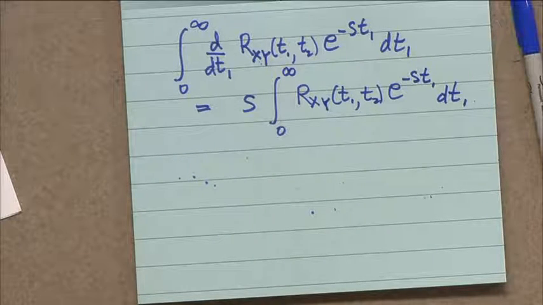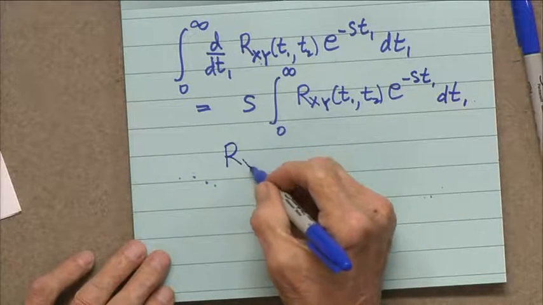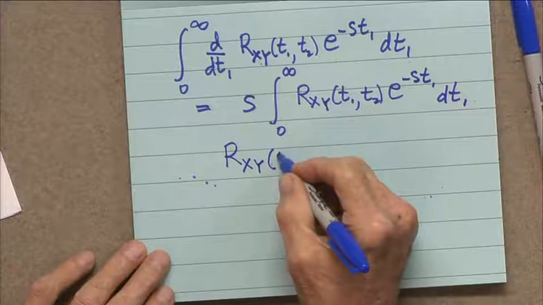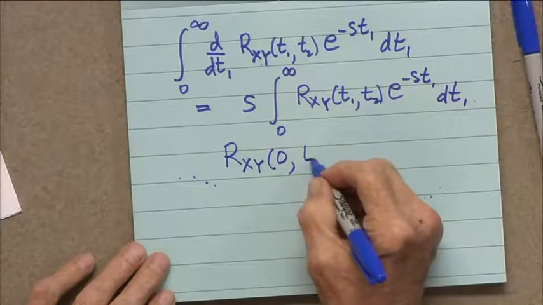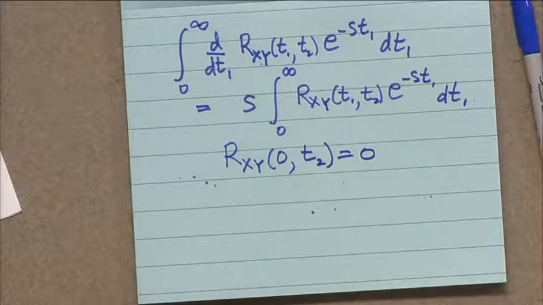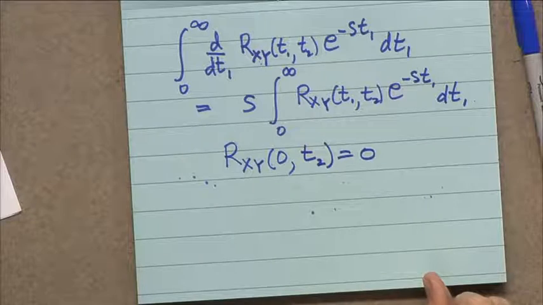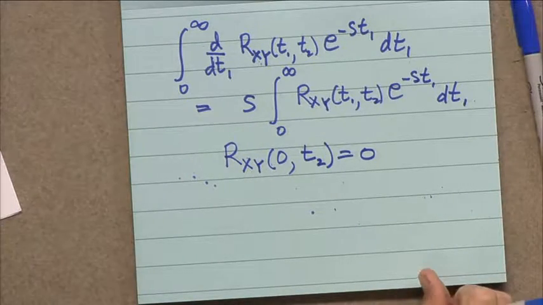Usually there's an initial value to worry about. We'll say Rxy at 0, t2 is equal to 0. That's how we got this.